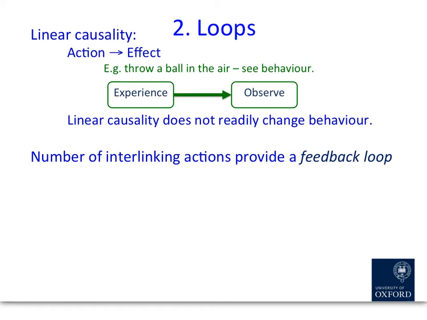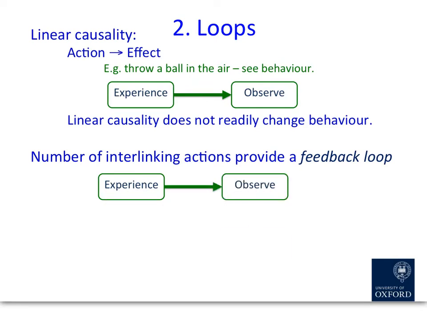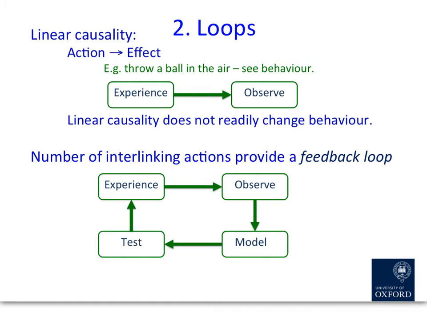A loop is where we have a number of interacting actions which feed back on themselves, thus reinforcing the system. So let's consider our ball again. We have an experience which leads to an observation. In our mind, we can then see that observation and create a mental model of how that ball is going to move through the air. We then test that model by seeing whether we can actually catch the ball.